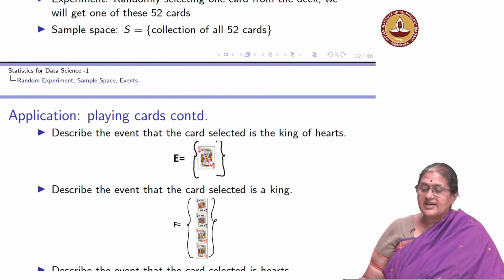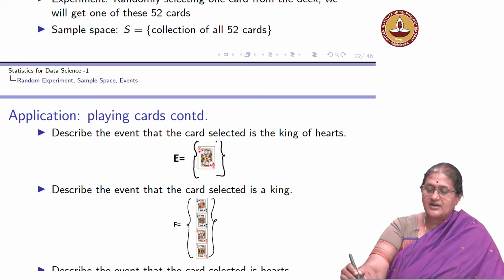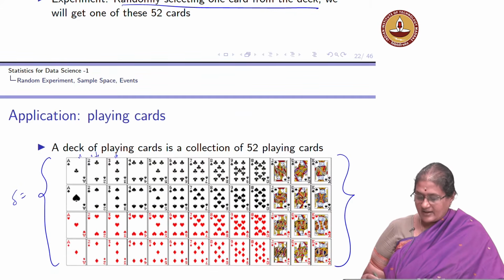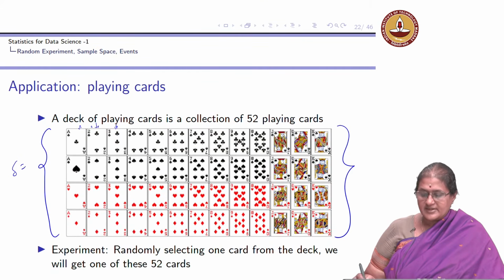Now the card selected is a king. Again, let us go back to my earlier slide to see what it means that the card selected is a king. I can see that I have king of clubs, it could be a king of spade, it could be a king of hearts, or it could be a king of diamonds.